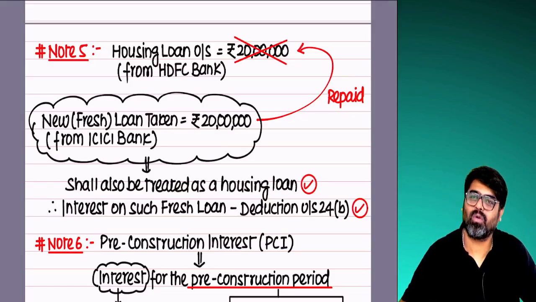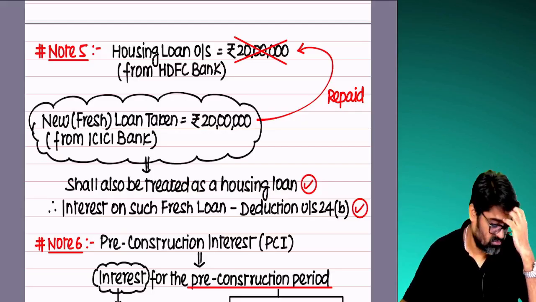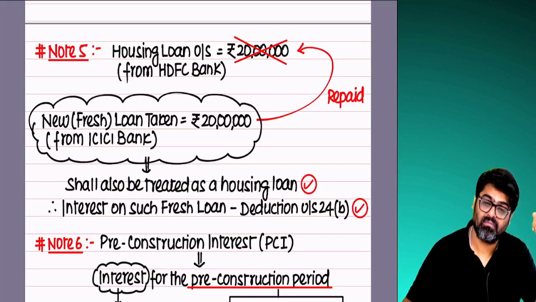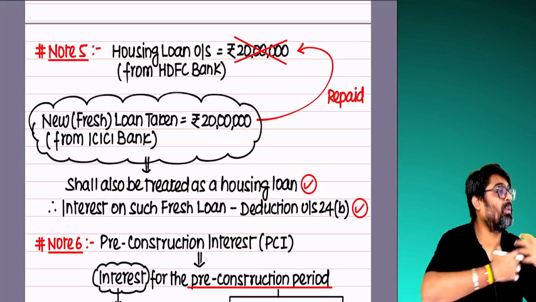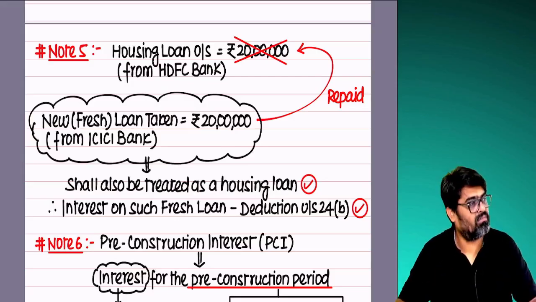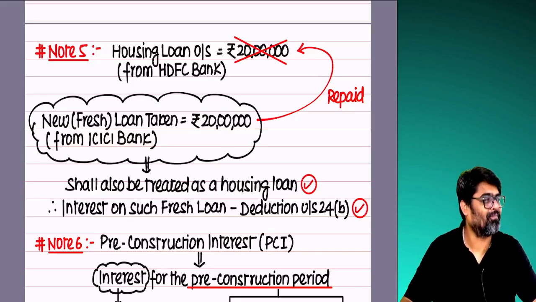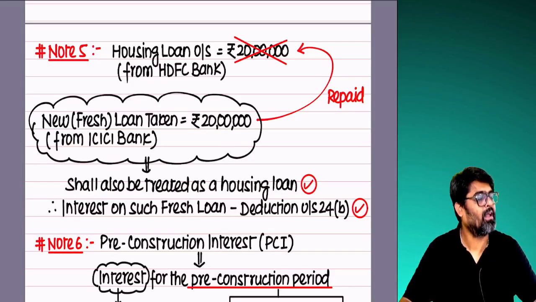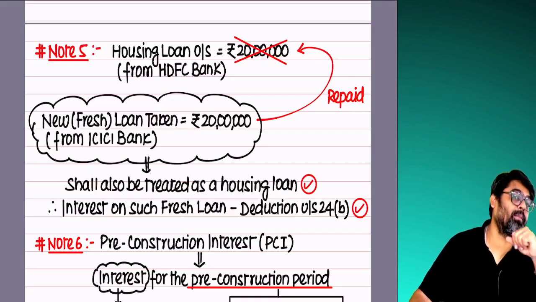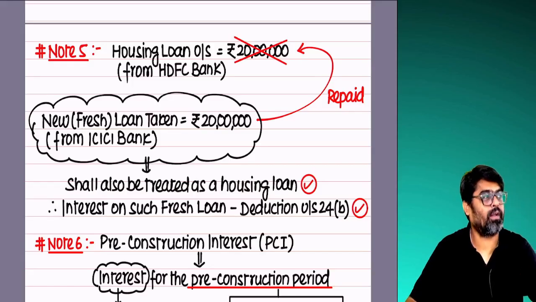When I took the loan, at that time the interest rate fixed was 12%. Now what do I do? I feel so bad that now I have to pay more interest also and they are not giving me good treatment also. So that ICICI bank manager said, sir, don't worry. We are there. How much loan, housing loan is remaining to be paid? How much loan is outstanding? Don't worry.